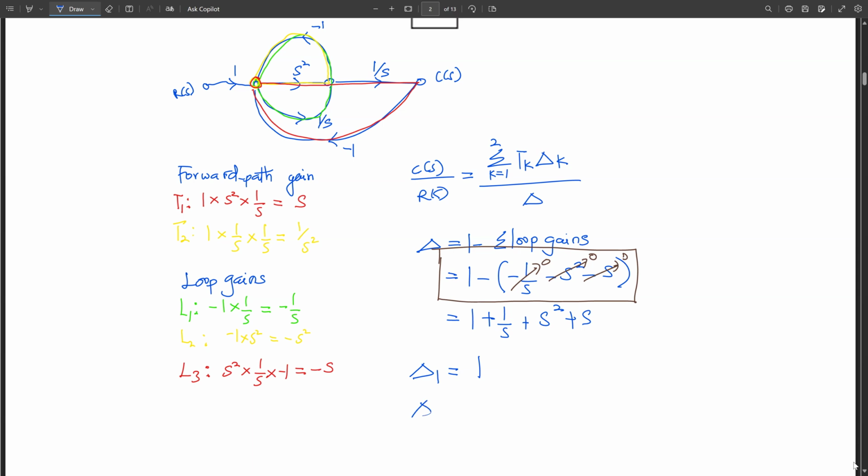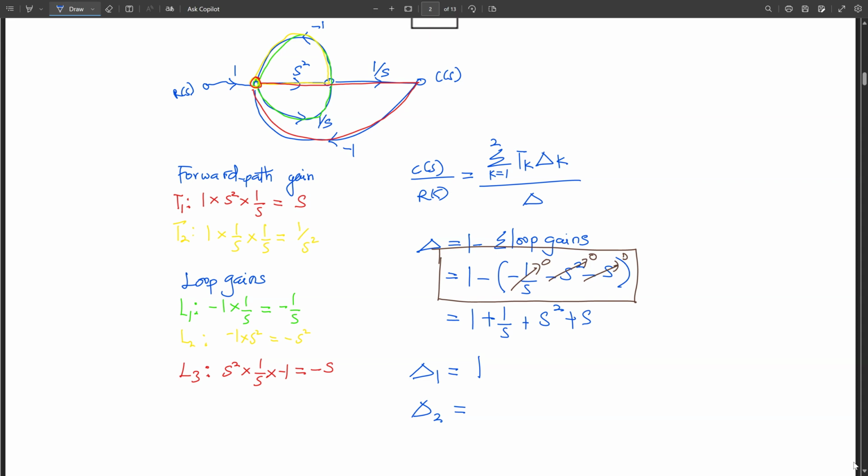Now for delta 2, we do the same thing. We identify the second path, which is from this side, then it passes through here, then it goes here. That's our second path, and then we identify the loops that share a common node with the second path.